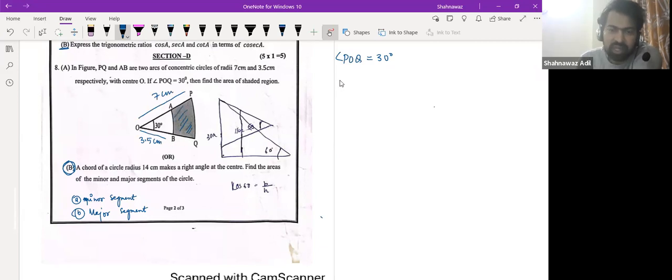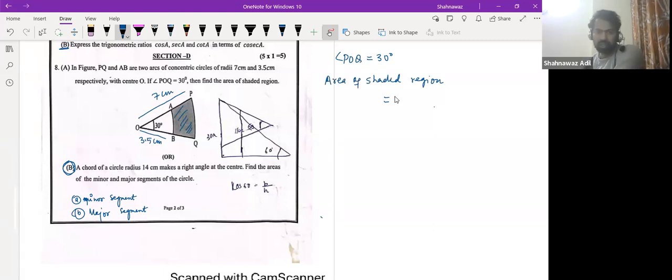How will you find that out? What would be the area of the shaded region? What do you think? How will you calculate the area of the shaded region?